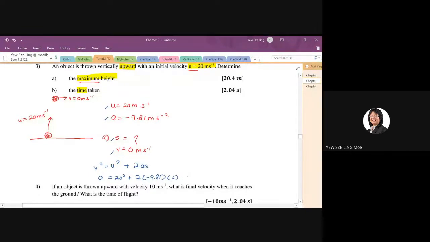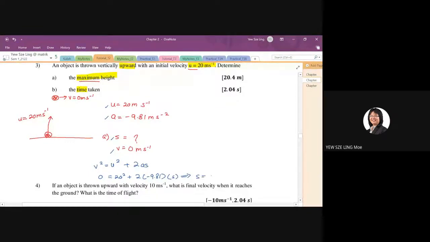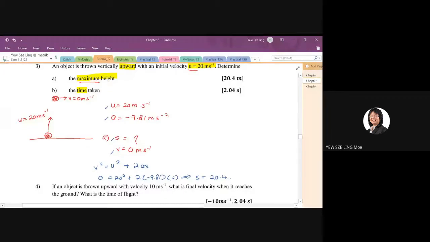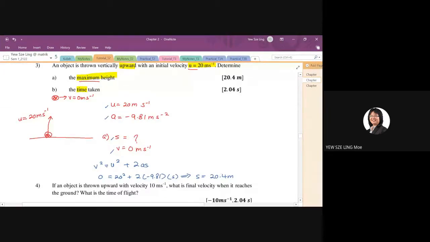If you calculate it correctly, s is equal to 20.4 meters. It is a positive value because the object is above the original position. The maximum height happens at a place that is above the original position.